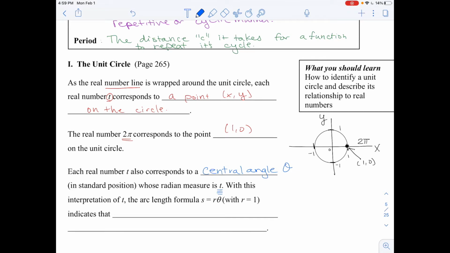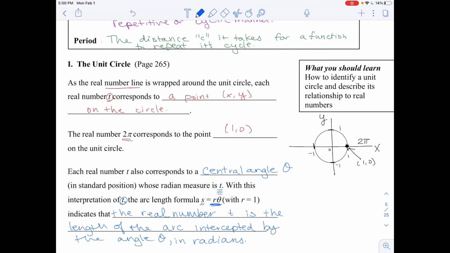With this interpretation of t, the arc length formula we learned about, S equals r times theta, with r equal to 1, indicates that the real number t is the length of the arc intercepted by the angle theta in radians.